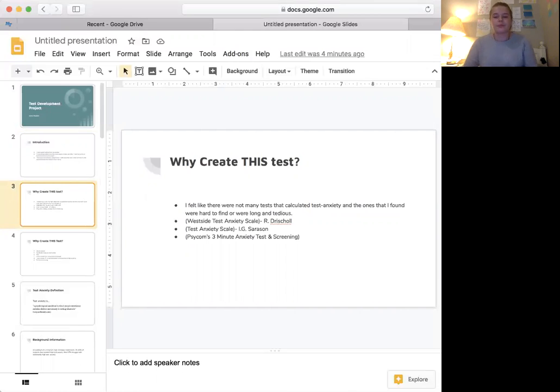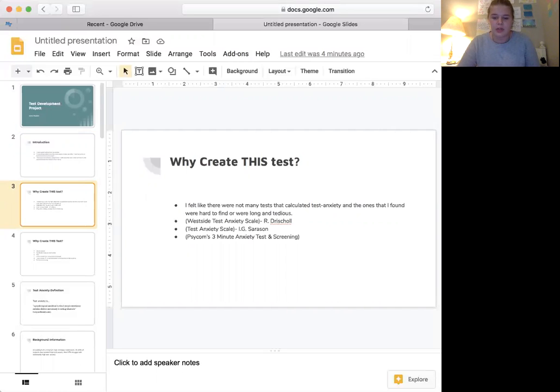So, why create this test? Let's talk about that. I felt like there weren't many tests that calculated test anxiety well, and the ones that I found myself were hard to find or were long and tedious.